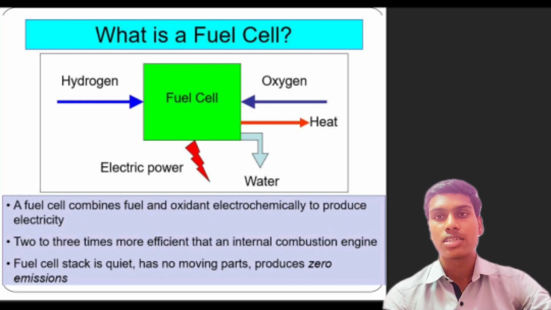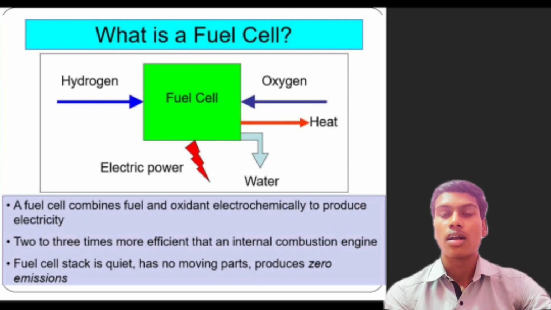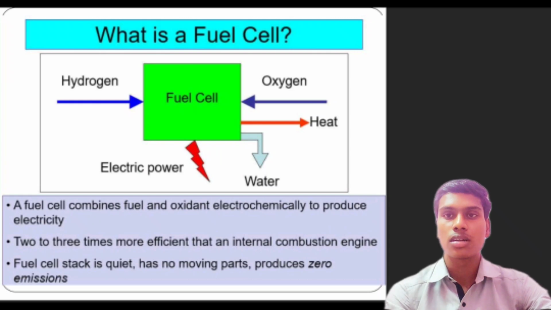With the help of hydrogen, the current is produced, and this also makes an impact in emission control. In a fuel cell, the amount of exhaust gas going out is zero.